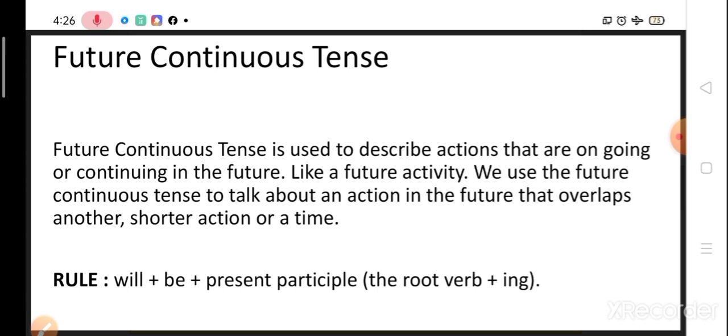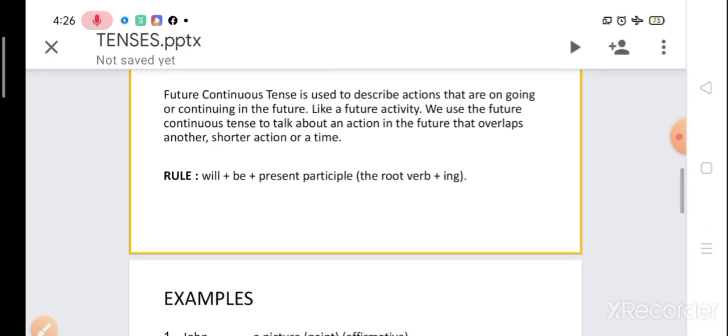It is very simple. Whenever we have like has or have, we still have to think what we should write, but when we know that it has no other option, but we have to write only will be ing form of verb, then it becomes all the more simple. Let us see a few examples.